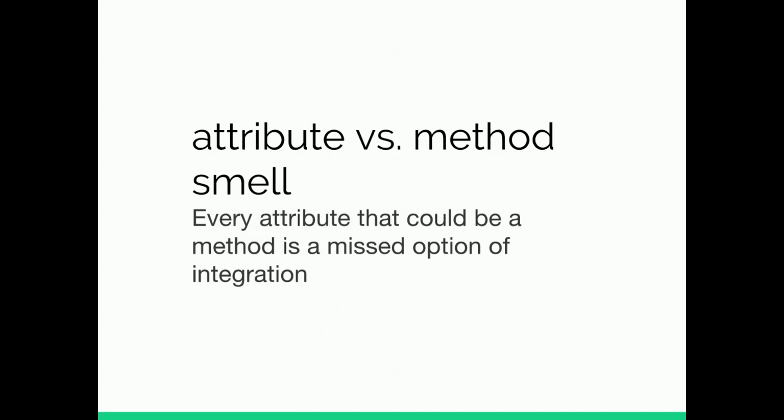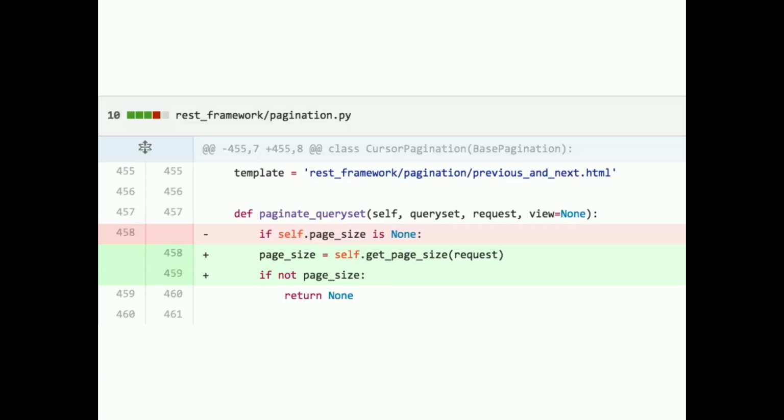And also the attribute versus method smell, because every attribute that could be a method is a missing option of integration. A practical example in REST framework: previously the custom pagination in REST framework didn't support custom page sizes because the page size was an attribute instead of a method. So you couldn't change the page size according to the request for cursor pagination.